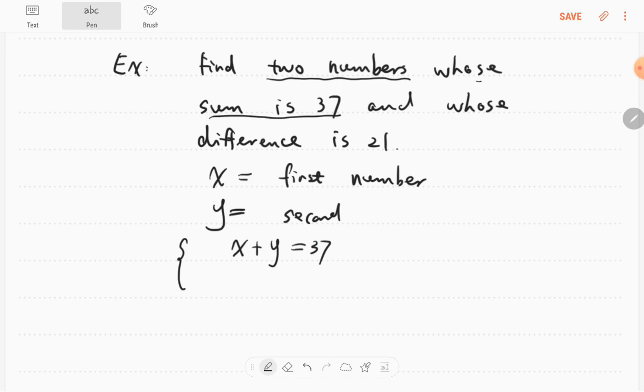Remember, we should find another one. So we keep reading. Whose difference is 21. So we get the second clue, right? Difference, so we should use subtraction. First number minus second number. The difference is 21. After that, we have listed the system of two equations.